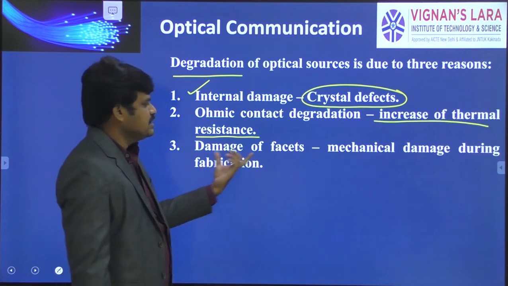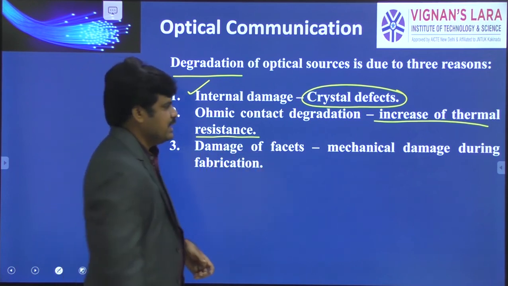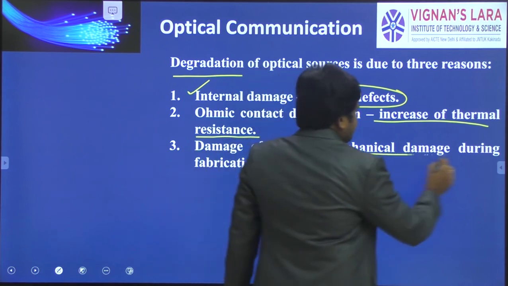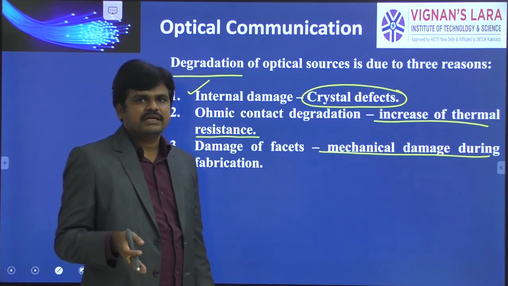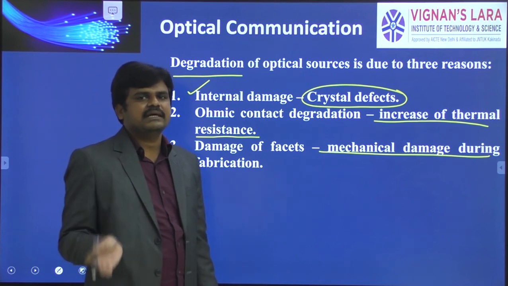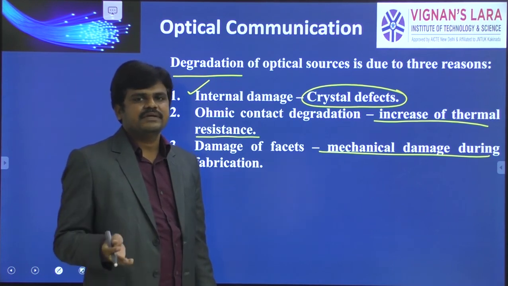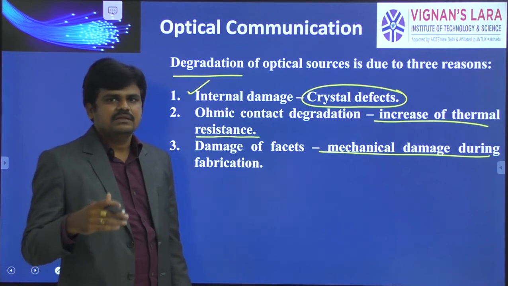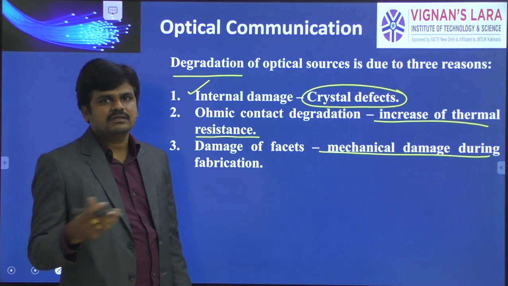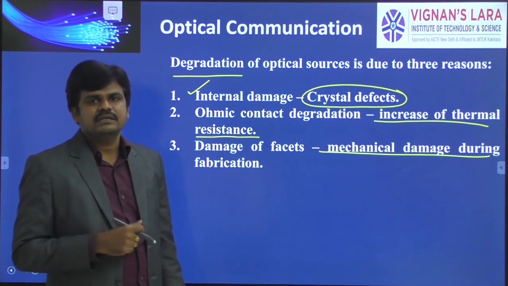The third one is damage of facets, which is mechanical damage. If there is any mechanical damage at the reflective mirrors, the standing wave may not be produced. This also reduces the lifetime or degrades the quality of the laser diode.